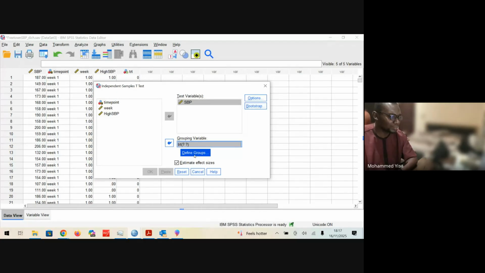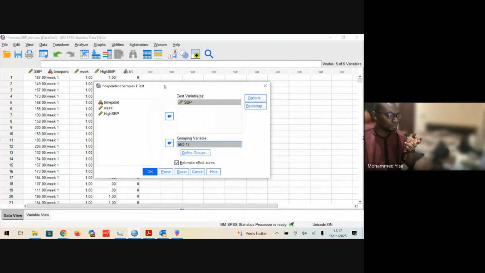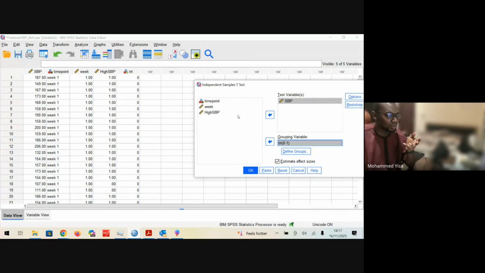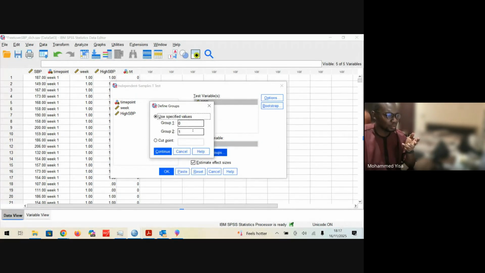We still have to define groups, right? Group 1 is 0, and group 2 is 1. Remember, our data set uses 0 and 1. If we leave it here as 1 and 2, it will not give us the output we are looking for.